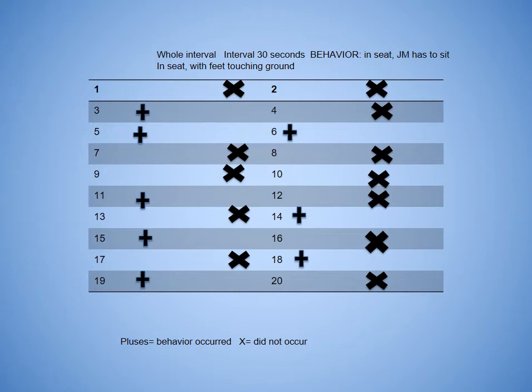So here I use a plus. On this example chart, pluses equal the behavior occurred, X means it did not occur. So remember, for me to mark that plus, the behavior would have had to have occurred through the whole 30-second interval. So JM was in his seat for the whole 30 seconds in interval 3.